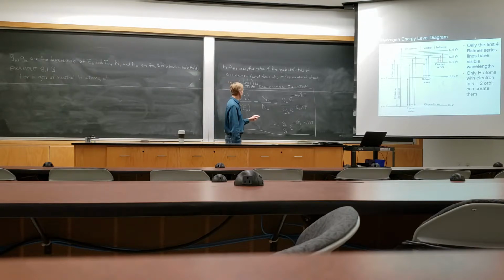So in other words, for what value of T will N sub 2 over N sub 1 be 1? So we're going to set 1 equals g sub 2 over g sub 1, e to the minus energy difference over kT, and solve for T.